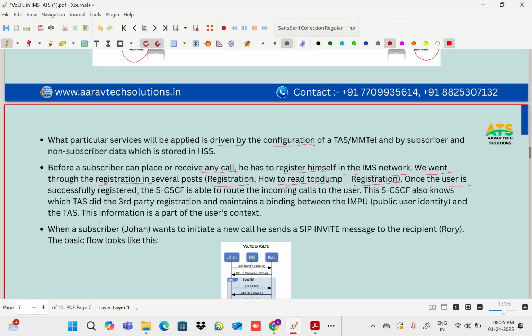Once the user is successfully registered, the S-CSCF is able to route incoming calls to the user. The S-CSCF also knows which TAS did the third party registration and maintains a binding between the incoming public user identity and the TAS. This information is a part of the user context.